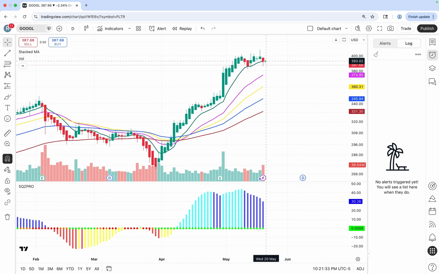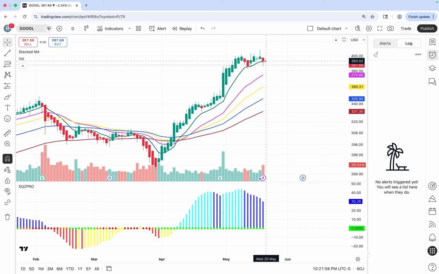When you have the moving averages in order, so your 8 period moving average followed by your 21 period moving average followed by the 34, 55, and 89, that's typically when it works best, because you can see the momentum of an asset.